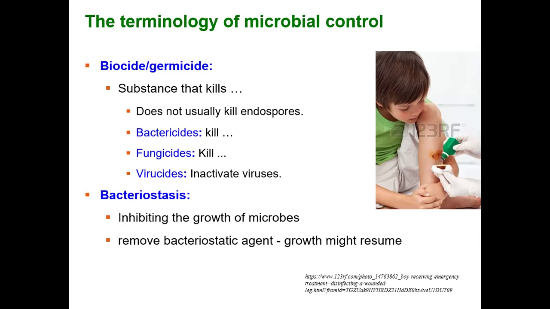And biocidal means it'll kill the microbes. Biostatic means it just inhibits their growth. And once you remove the antibiotics, the cells can continue to grow. A biostatic antibiotic works in that it's relying on the host immune system to remove the microbes from the host. Any question about any of that?